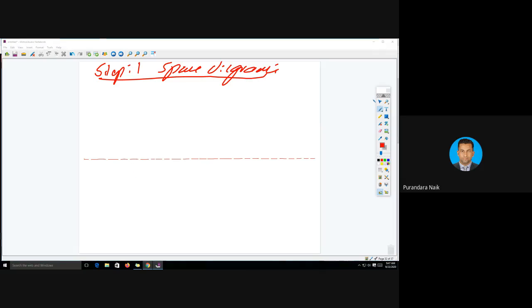After that, there are 4 different planes: first one, second one, third one, and the fourth one. A, B, C, D, and you need to consider the distances also. Distances are given, and let us consider the side view and the front view. Side view. This is front view, right? And distances are also given.